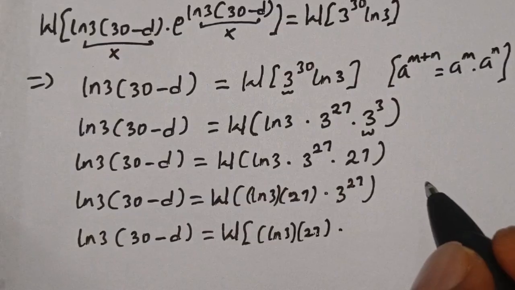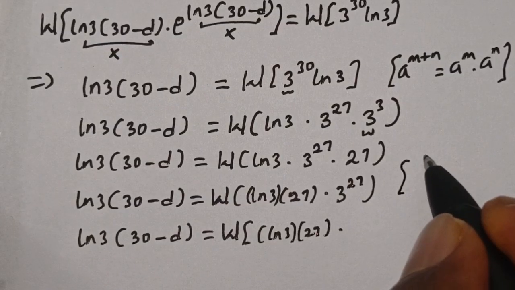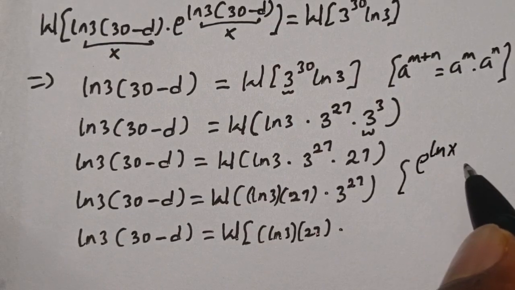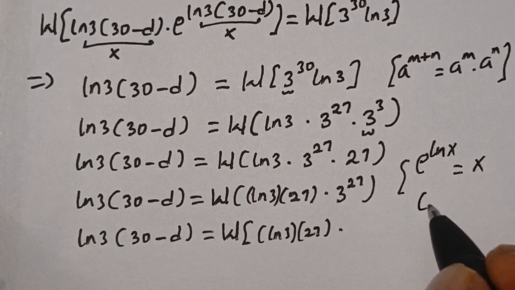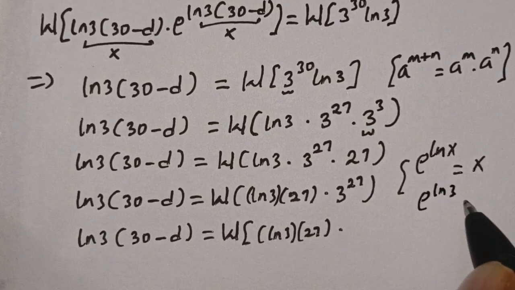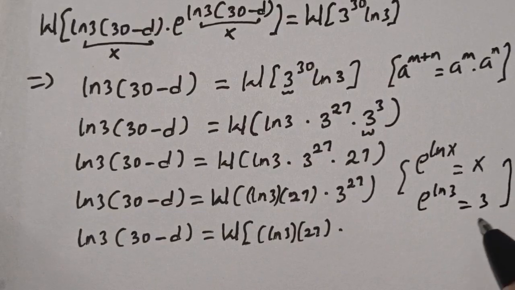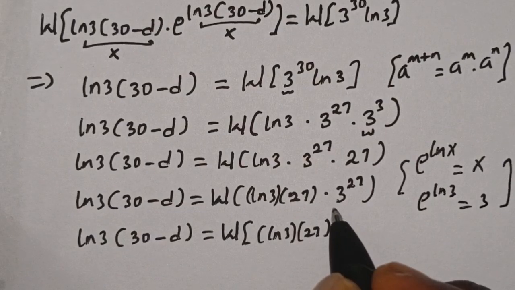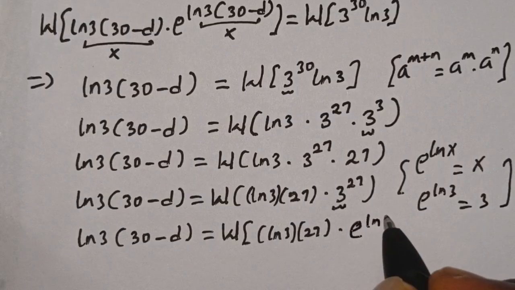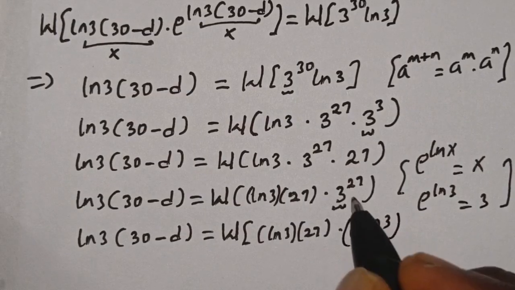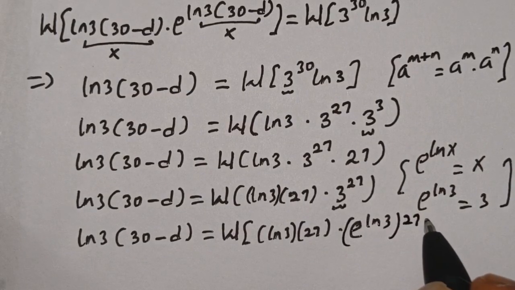Now, recall that e to the power of ln x is equal to x. So, if you plug 3 here, that means e to the power of ln 3 is equal to 3. Using this identity on this particular 3, we have e to the power of ln 3 times 27, close the brackets.